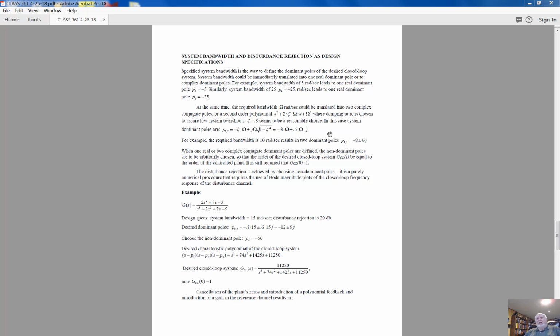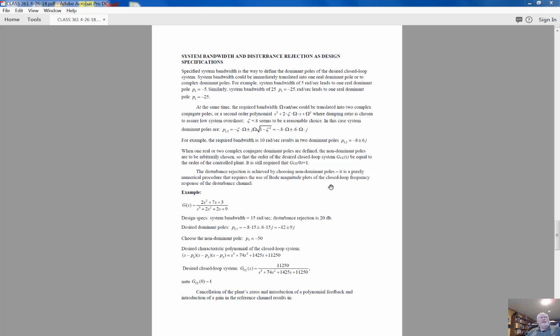For example, if the required bandwidth is 10 radians per second, the choice of two complex conjugate dominant poles is straightforward: minus 8 plus minus 6j. And so on. The rest of the poles, of course, are non-dominant poles.